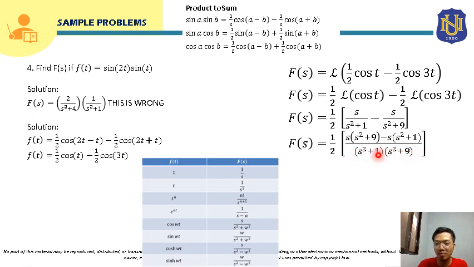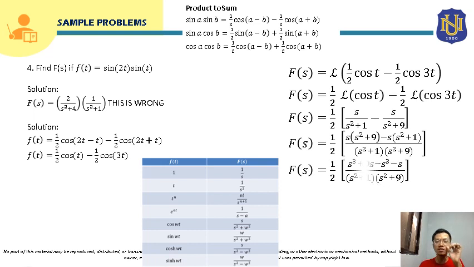So this becomes s times (s squared plus 9), and since it is negative, minus s times (s squared plus 1), all over (s squared plus 1)(s squared plus 9).